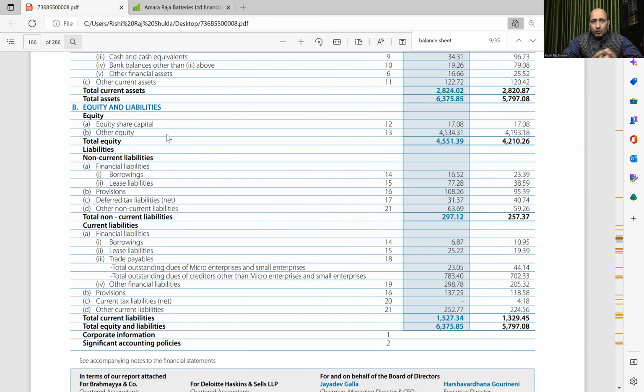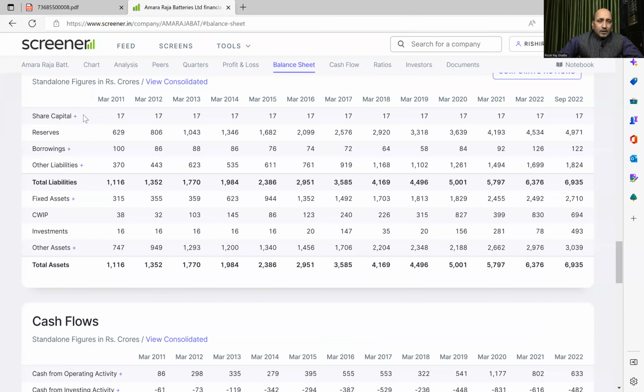That comes under other equity. So total equity share, as discussed earlier, 17.08 crore, and other equity, all these reserves, are 4,534.31 crore. So total equity is 4,551.39 crore. You can see there, you will find the same thing.